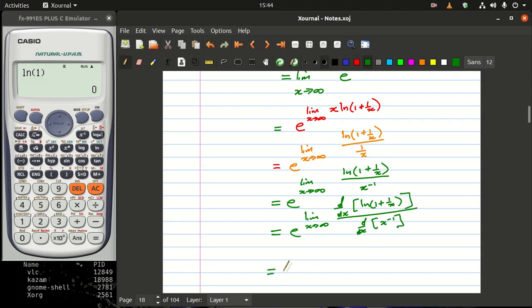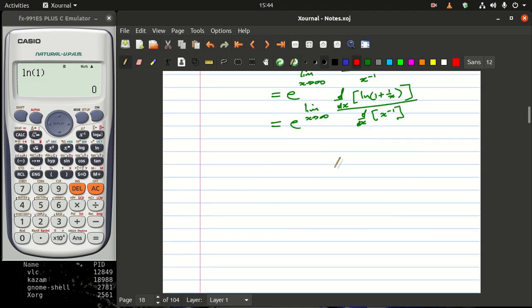And of course this is going to be e raised to the limit as x approaches infinity. And then what is the derivative of ln?